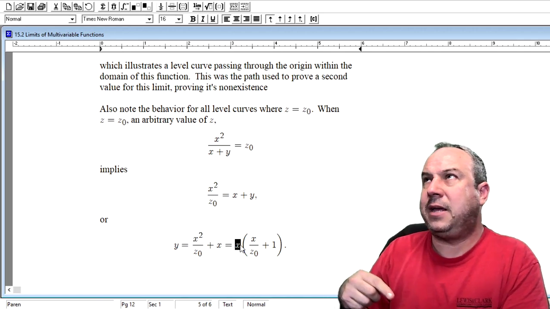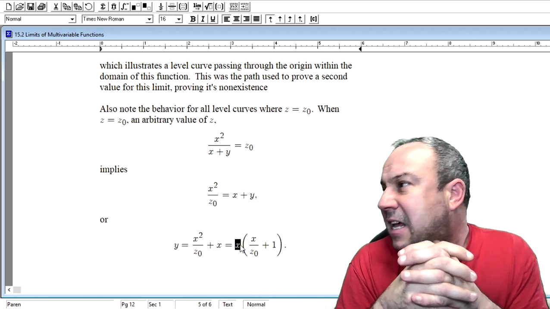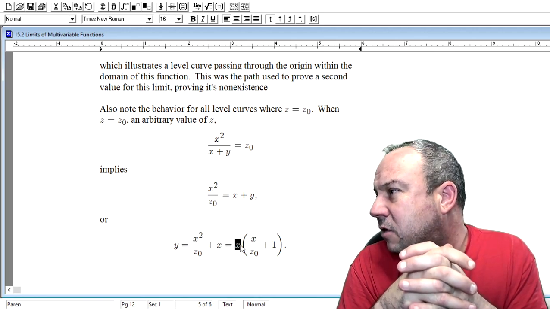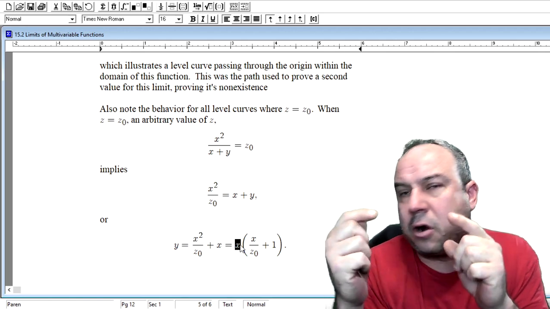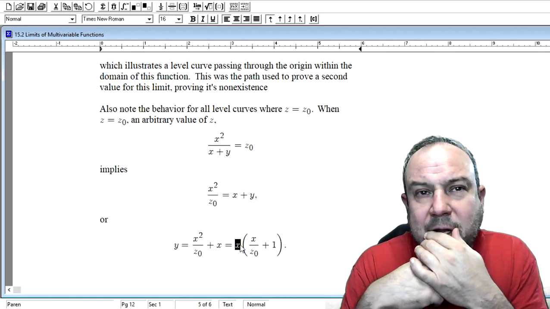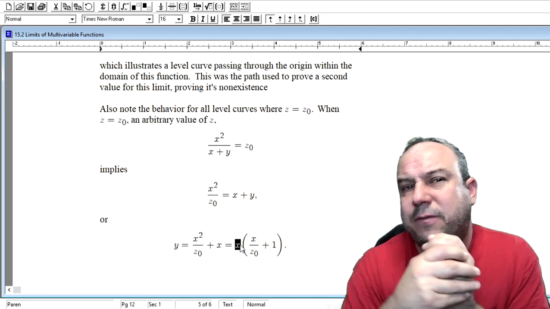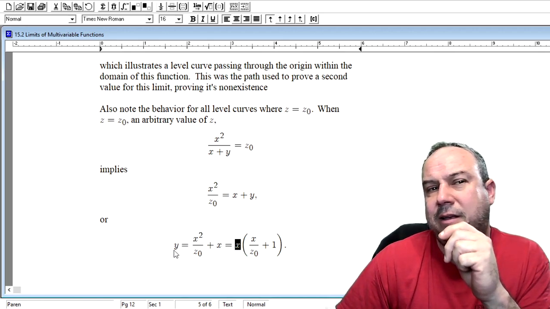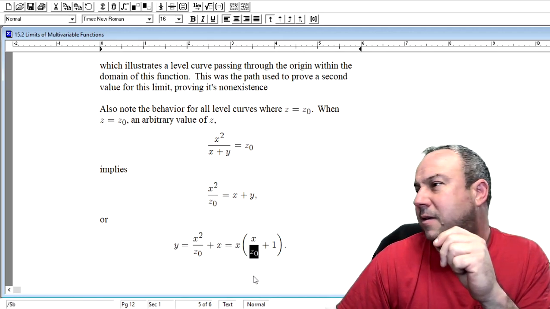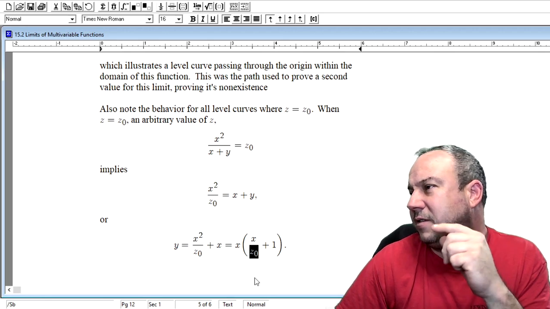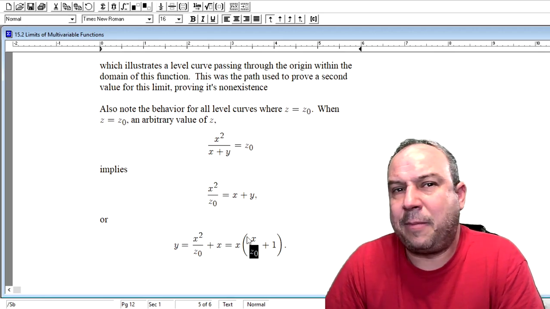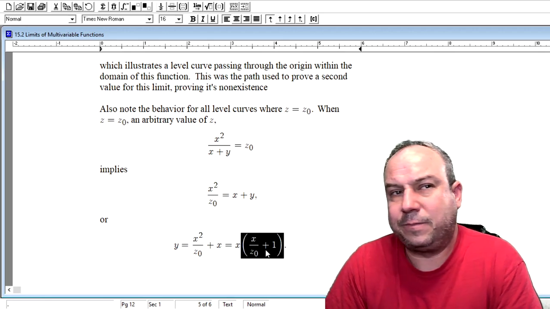Our domain produces an infinite number of different level curves on different approaches of our origin here, right? All of them differing by this little z null down in our denominator of the second factor.